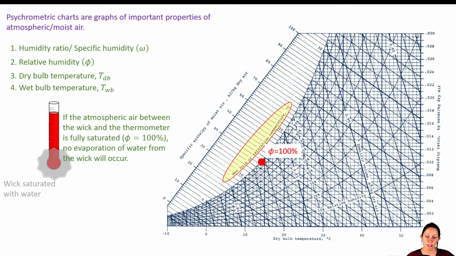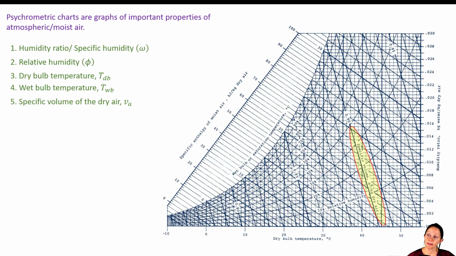If I looked at the wet bulb temperature, that would be 14 degrees Celsius, but my dry bulb temperature would be the same, right? The temperature wouldn't decrease due to evaporative cooling because there is no evaporation of the water within that wick into the atmospheric air. So if your relative humidity is 100%, your wet bulb temperature and your dry bulb temperature are going to be exactly the same.